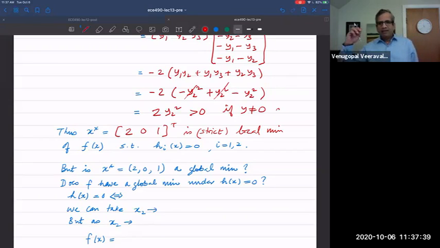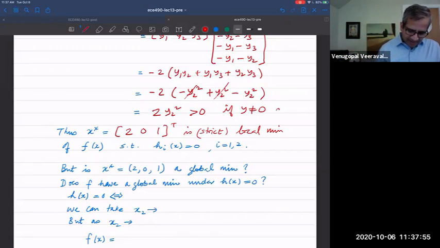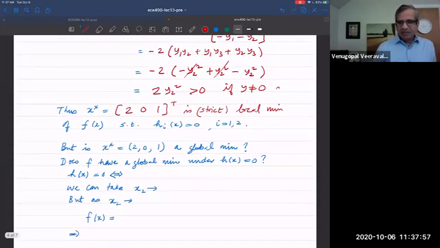And now, okay, we'll ask the question, just like you did in a couple of homework problems in homework 3, in the last 2 homework problems: is this x star a global minimum as well? But for that, we actually need to even ask, does f have a global minimum at all?